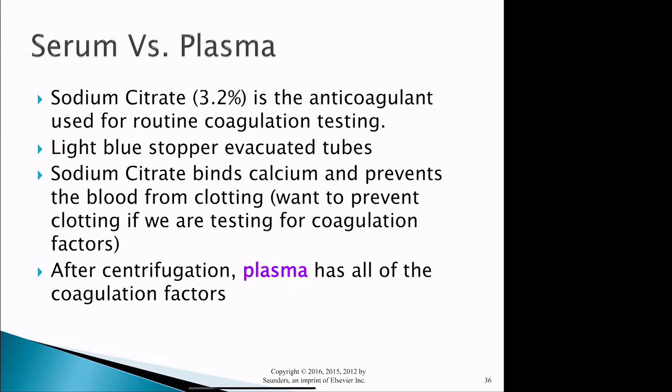So the function of sodium citrate is to bind calcium. What we want to do with this anticoagulant is prevent the blood that we're collecting from clotting. That's why it's called an anticoagulant. So the way it functions is it's going to try to bind all the calcium in the blood, because calcium is needed for what?